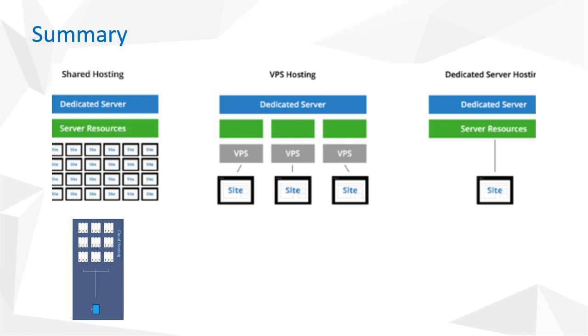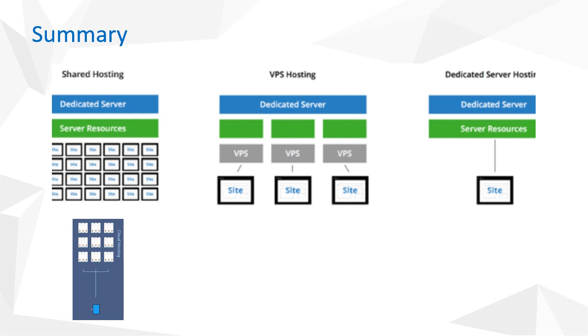In summary, here you could see a few graphics showing the shared hosting. As you could see, you have a dedicated server, so many server resources, and then multiple websites that are inside that server. In a VPS hosting environment, we take those server resources and we allocate them to virtual private machines, and each site has its own allocated resources, but those resources are still shared within that server.